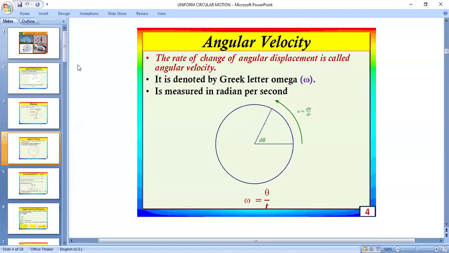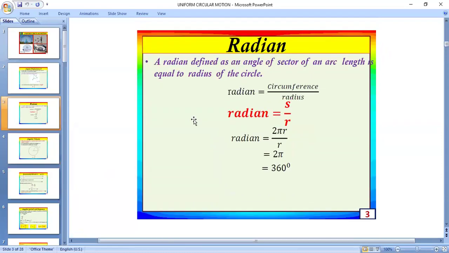So we have the first way, omega equals theta over time. Second way, omega equals s over rt. Third way, omega equals v over r. We still continue with the list. Let's go back here. We've just said that when the revolution is expressed in terms of angular displacement, then the whole revolution will be 2 pi radians.